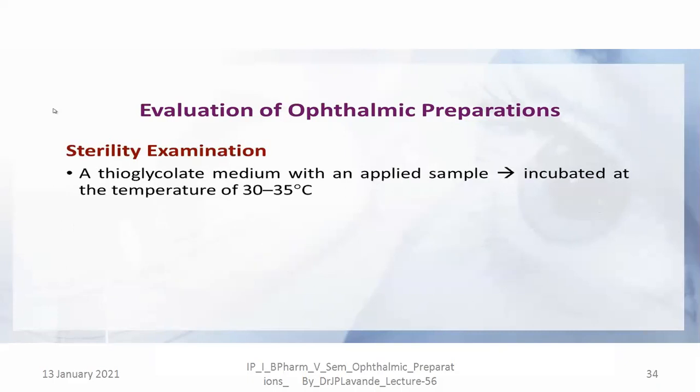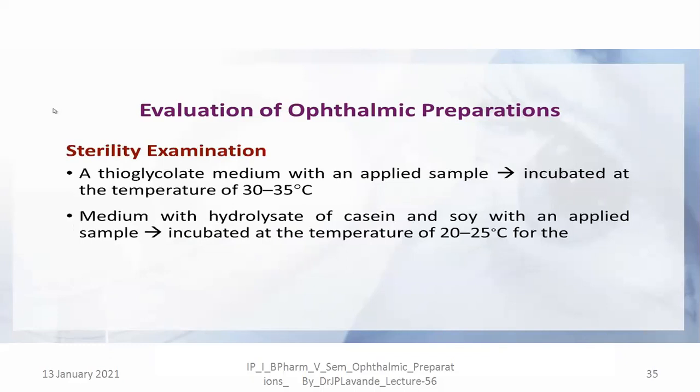So as far as the examination is concerned, the thioglycolate medium with the applied sample is incubated at a temperature of 30 to 35 degrees Celsius, and the medium with the hydrolysate of casein and soy with the applied sample is to be incubated at a temperature of 20 to 25 degrees Celsius. There is a difference in the temperature.